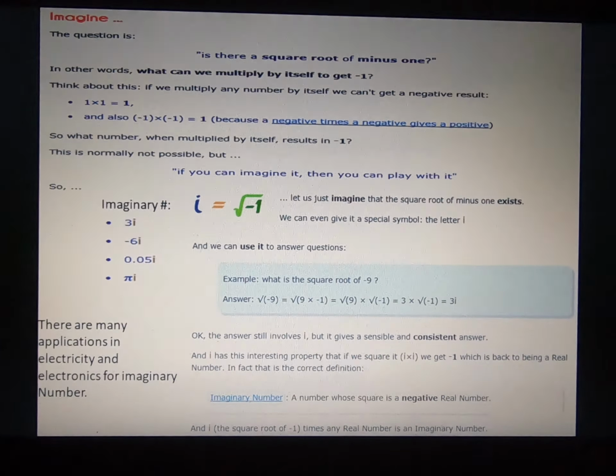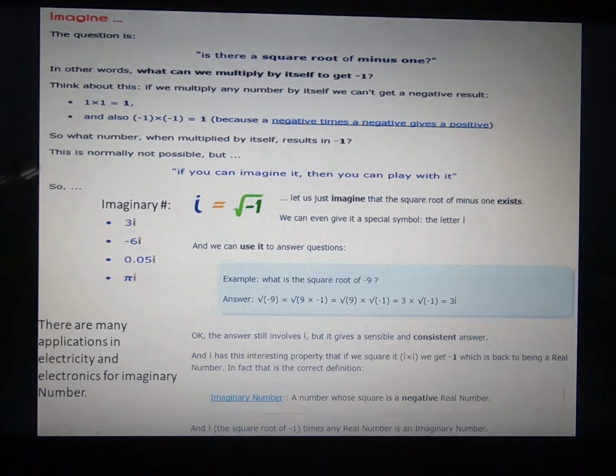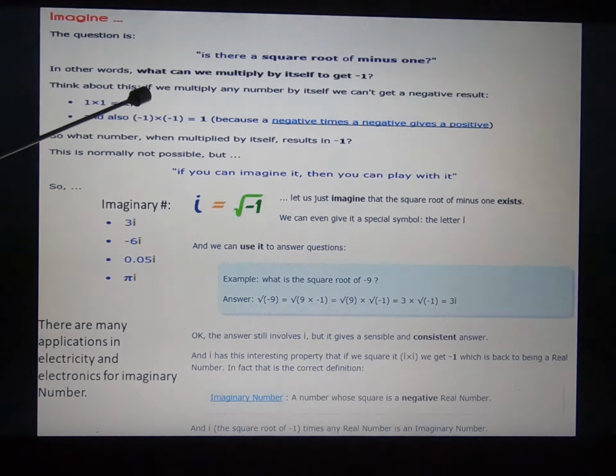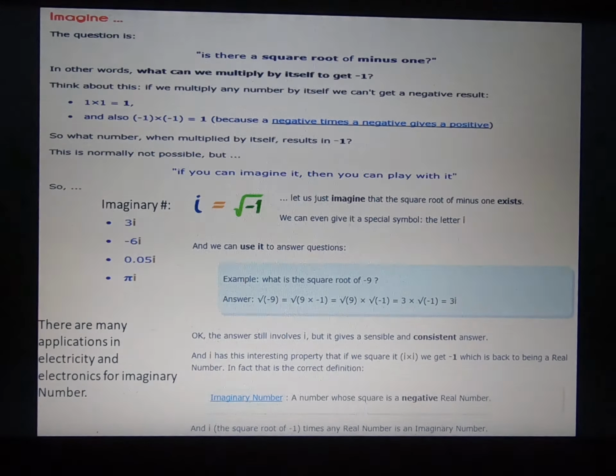Now, imaginary number: i equals the square root of -1, because 1 times 1 is 1, and -1 multiplied by -1 is also equal to 1.